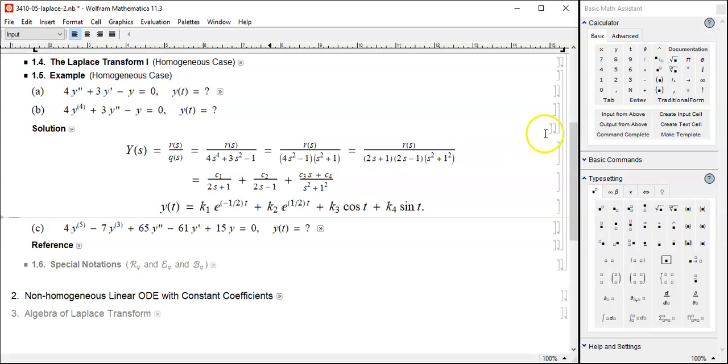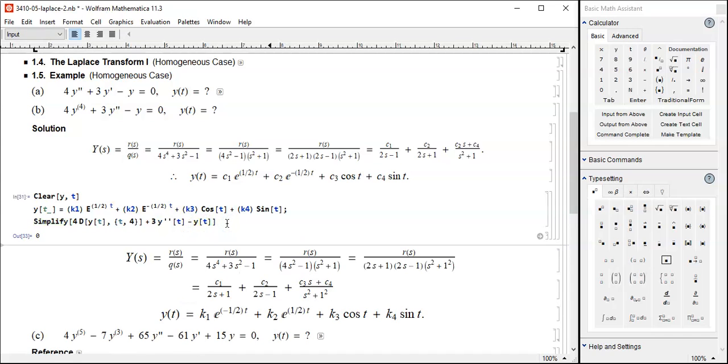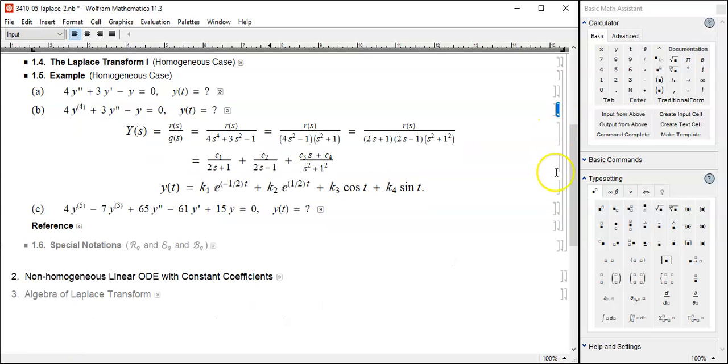Okay, k1 e to the 1/2 t, k2 e to the negative 1/2 t. Define y like this, and then simplify this expression: fourth derivative of y plus 3 times second derivative of y minus y. Is it really 0? Yeah, of course it's 0.